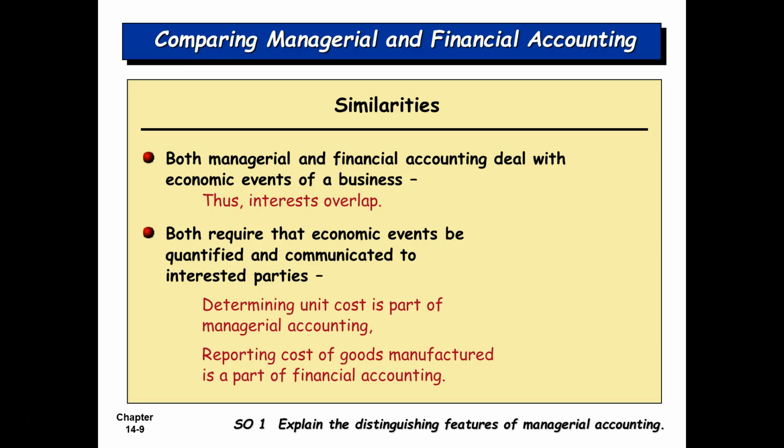That's really the similarities. In terms of our differences, financial accounting is going to the outside user. The outside user gets that balance sheet, income statement, statement of cash flows, and other comprehensive income. And they use it to make decisions about whether we should invest in this company or not invest.